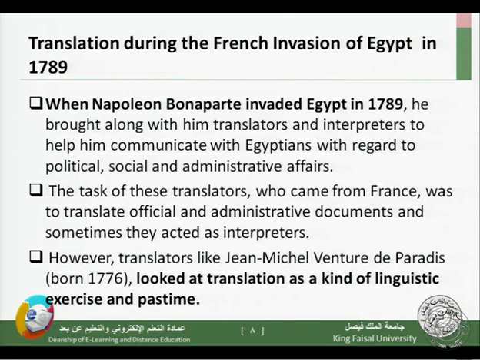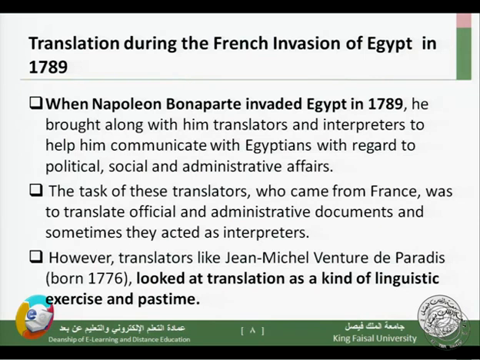Now, during that time, the task of the translators who came from France was to translate official administrative documents, and sometimes they acted as interpreters, especially when something happens between the locals and the French.